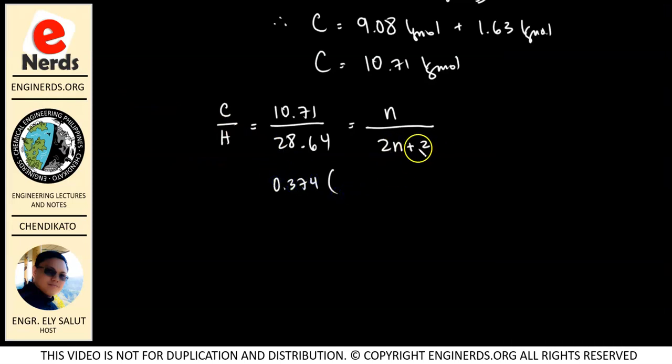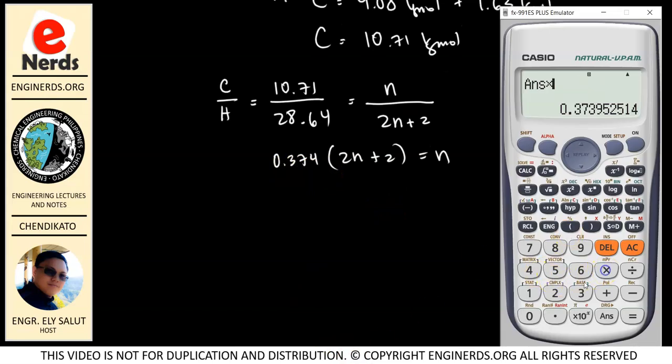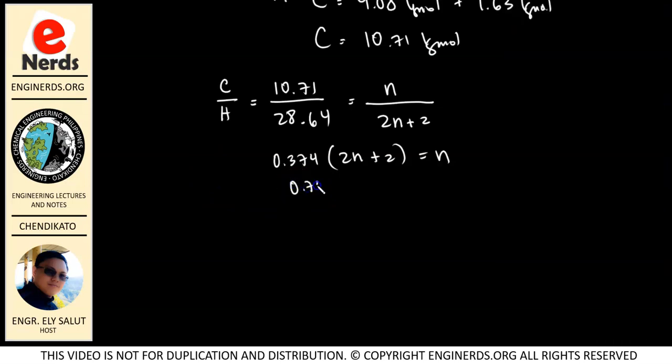Then I'm going to transpose the 2N plus 2 so that N equals 0.374 times 2, which is 0.748, times N plus 1. I factored out the 2 so we can work on the value of N.